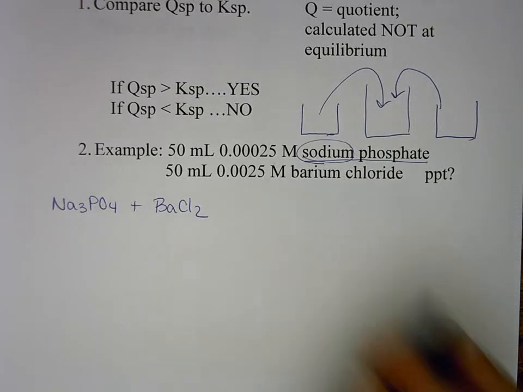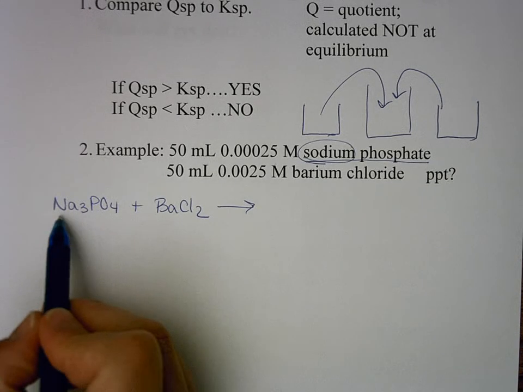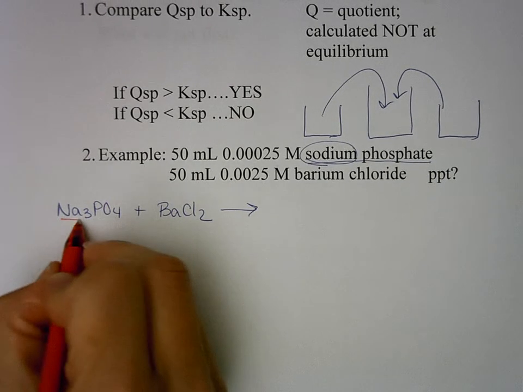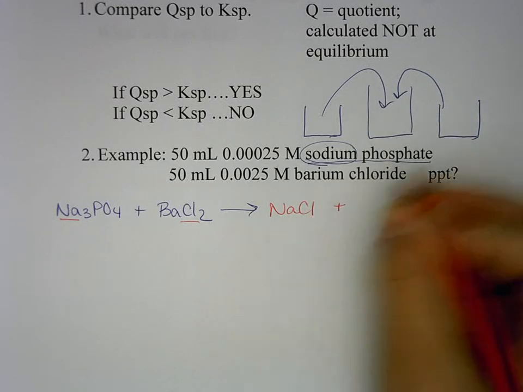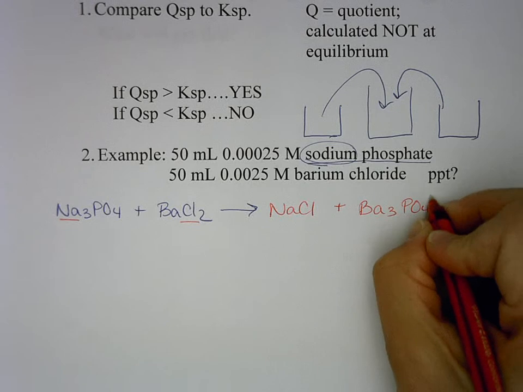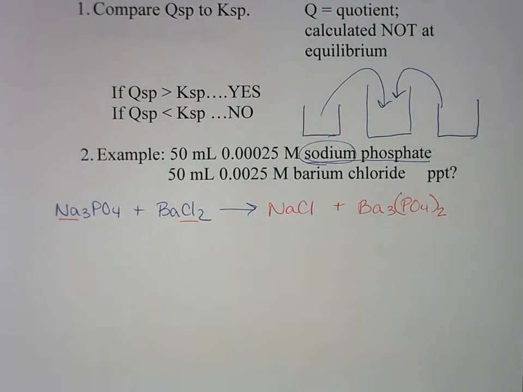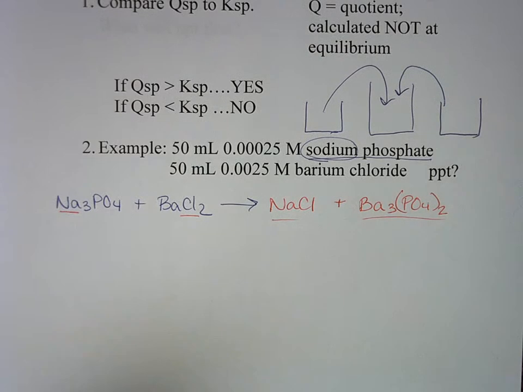When those two things react, it's a double replacement reaction, I end up with NaCl and barium phosphate. Now, out of these two products, which one is going to be the one that would be the solid, if there would be one?